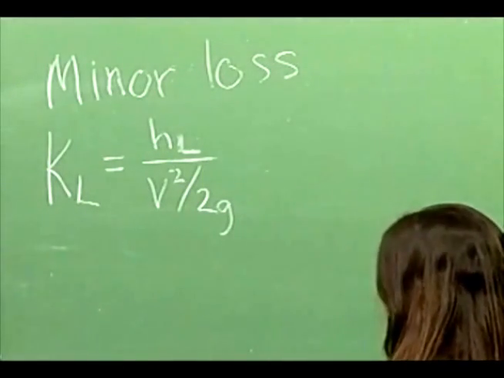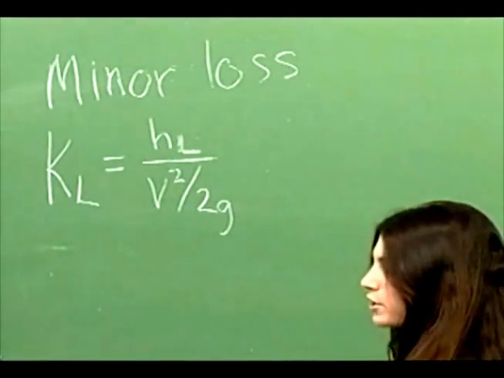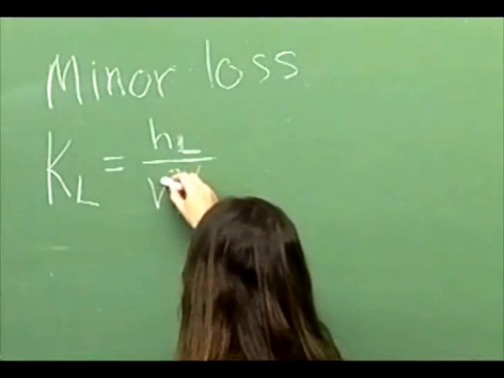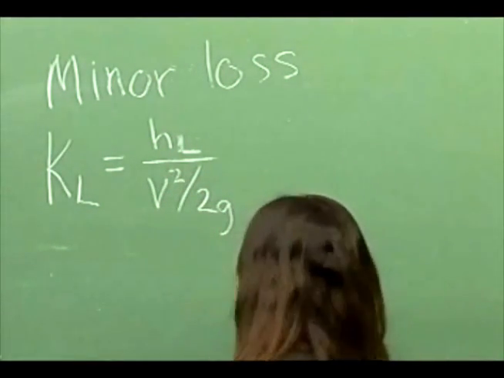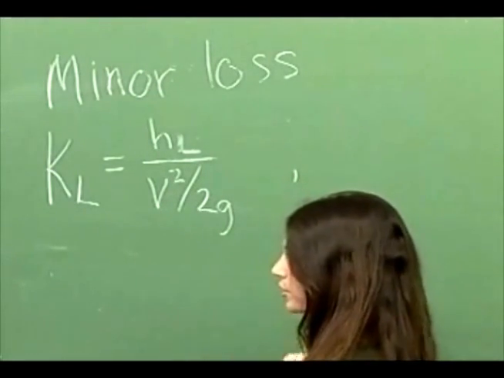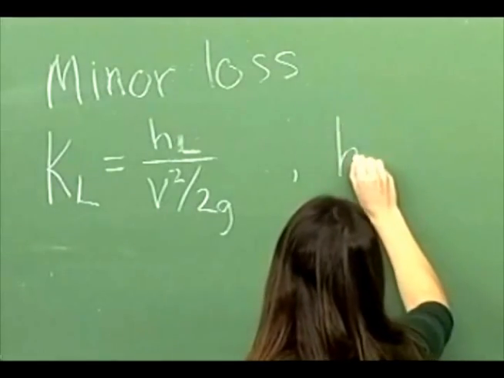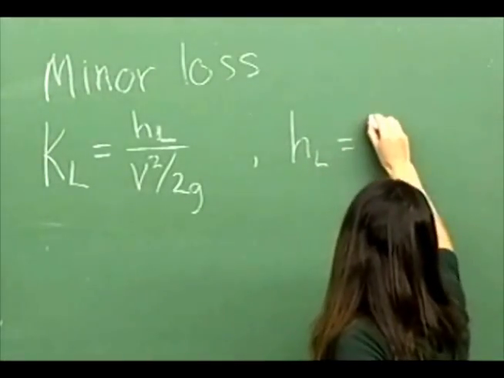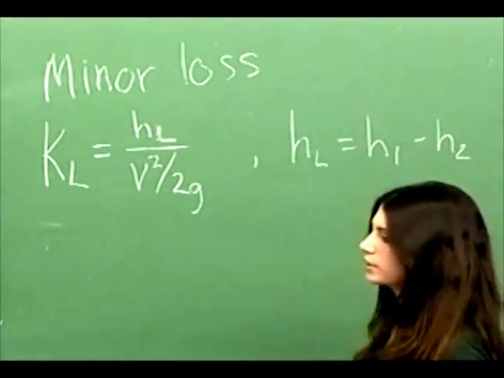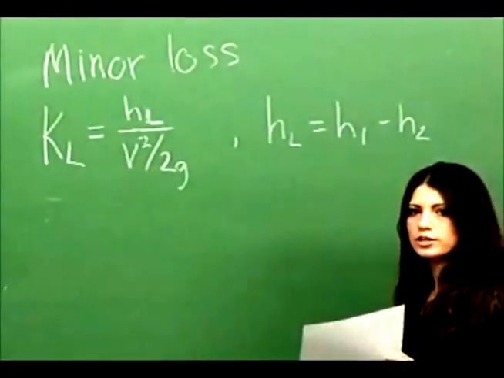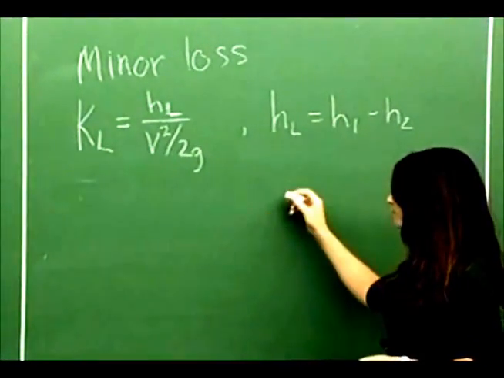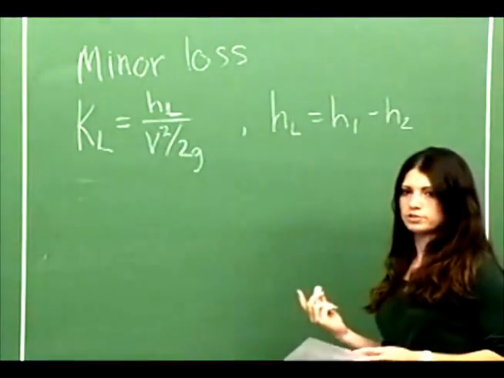And this expression is going to tell you the loss coefficient at different flow rates, since this is the velocity of your flow. And the head loss can be calculated simply by the difference in the heights of water measured in your experiment. So your head loss is equal to H1 minus H2. And again, there's an example of this in the information on this lab on the website, which will show you how you'd be measuring the height of the water and where the difference comes from.